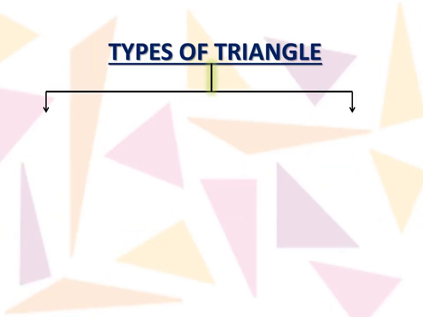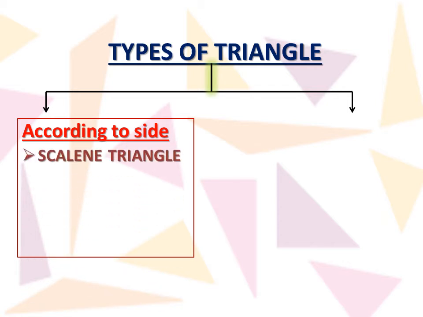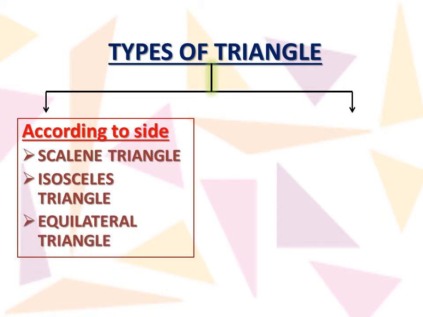Now let's see what the types of triangles are. Two classifications are there. One is classified according to the sides of the triangle. First is the scalene triangle, then the isosceles triangle, and then the equilateral triangle.